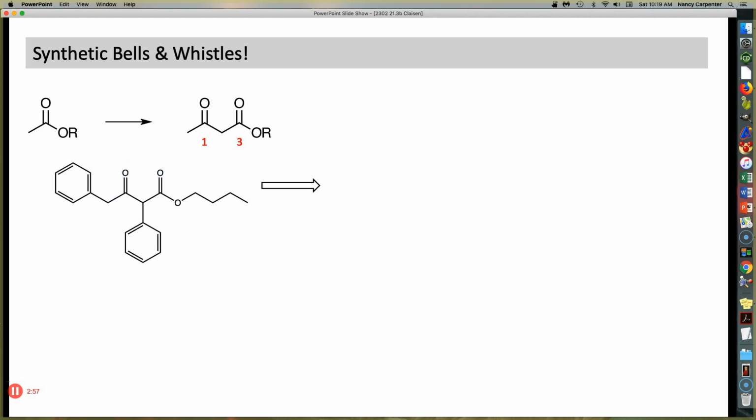Again, what I want to think about is, where should my disconnection be? And that means, where should my enolate be? If I clip off right there, I can see that I could generate an enolate there. This piece could be an ester, and in fact, this would be a perfectly good target for a self-Claisen.